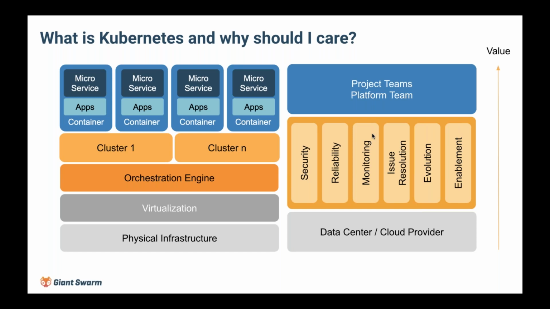All these elements don't need to be redeveloped in these microservices. They are provided by the infrastructure layer, and that's marked as an orange space on the right-hand side, where you have the level of the data center, and then it goes all the way up to the project and teams and platform team.